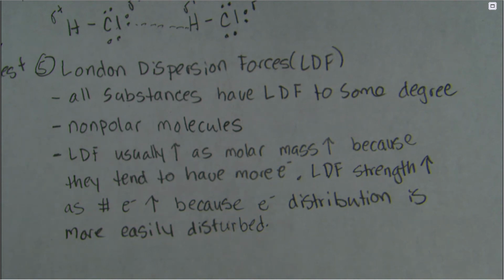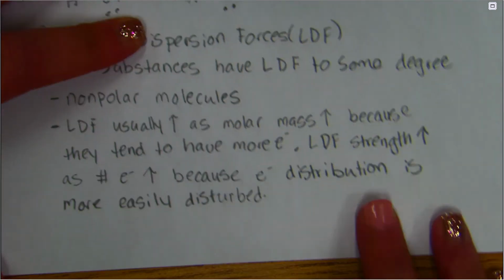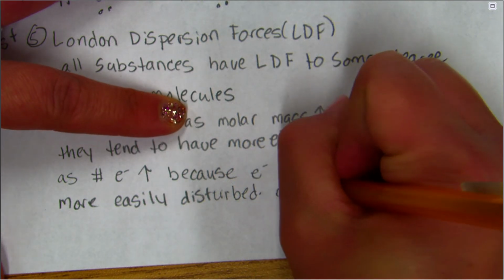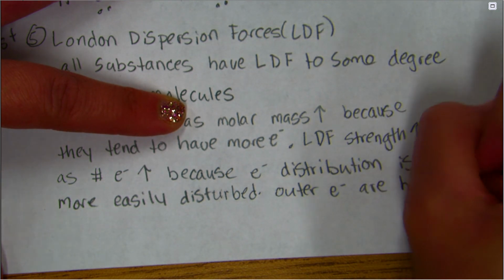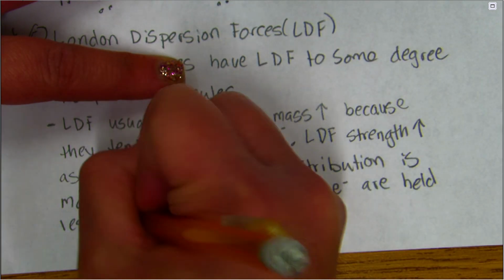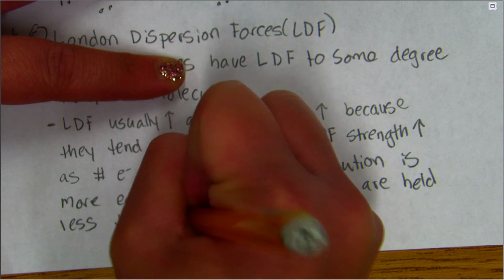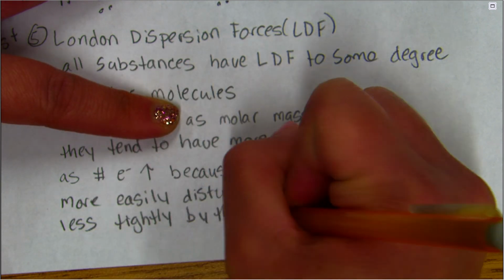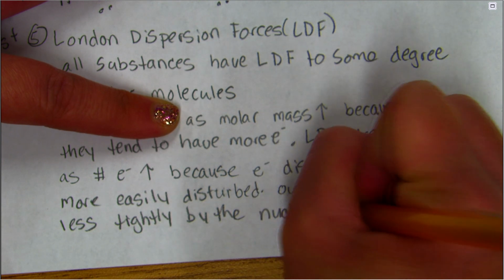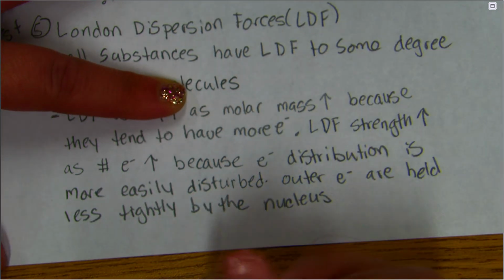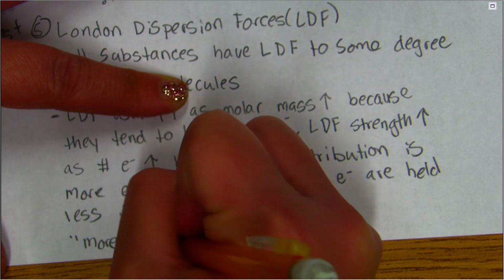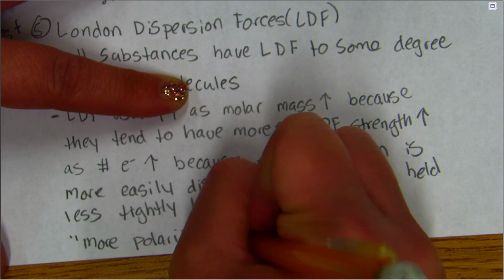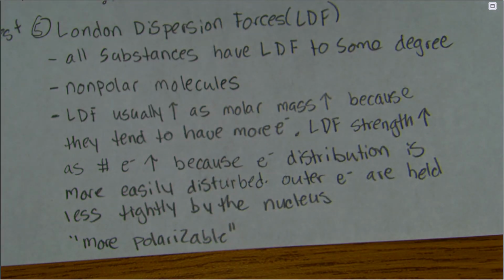They are less tightly held to the nucleus, and we say, therefore, they are more polarizable.